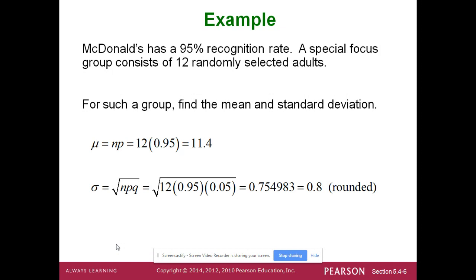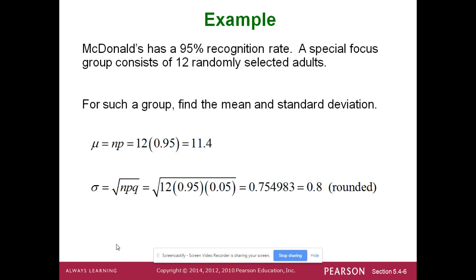McDonald's has a 95% recognition rate, and a special focus group consists of 12 randomly selected adults. So the mean, or the expected value, is that 11.4 of those people would know what McDonald's is. That's what we're finding here. 12 trials, the number of randomly selected adults, and 0.95 probability of recognizing McDonald's gets you your mean or expected value.